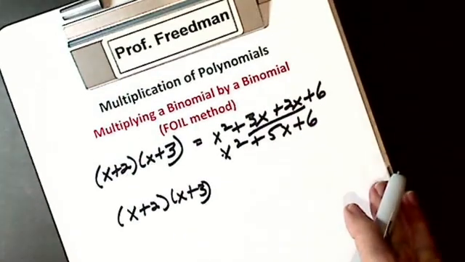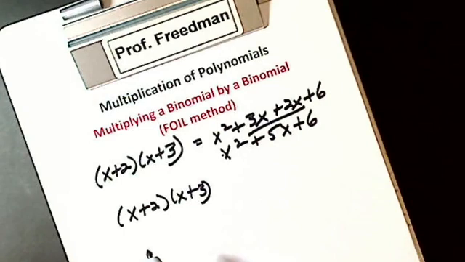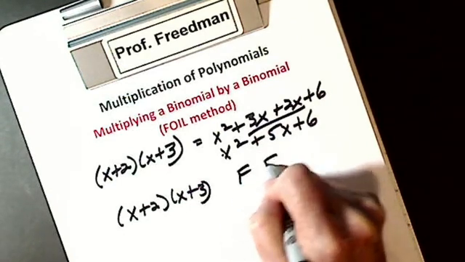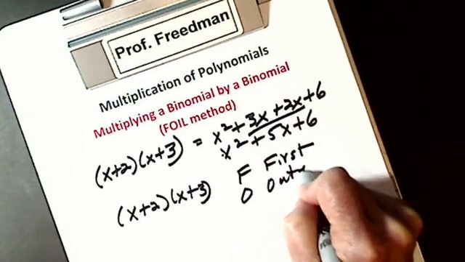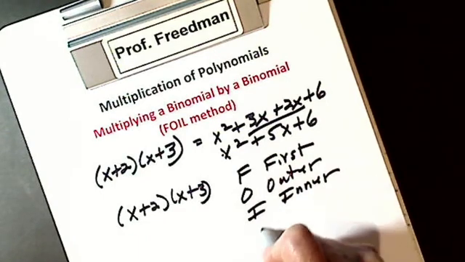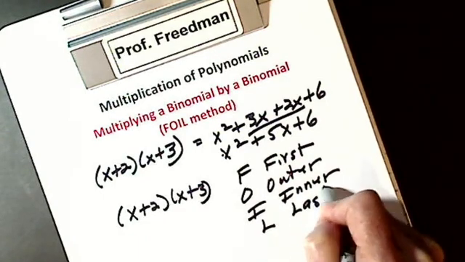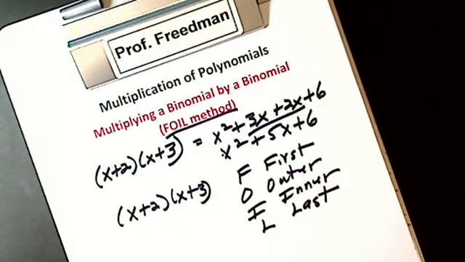So, FOIL is for multiplying two binomials. F stands for first. O stands for outer. I stands for inner. And L stands for last. So, we're going to multiply by the FOIL method.